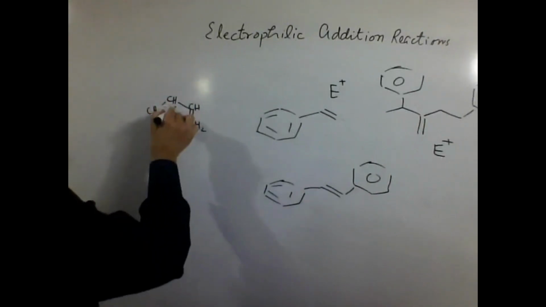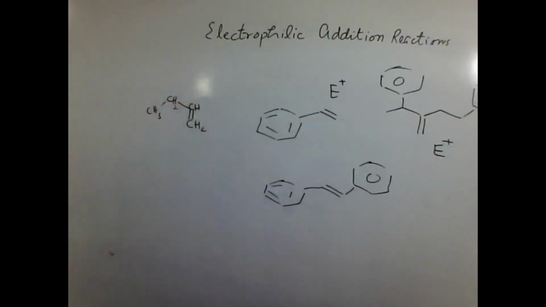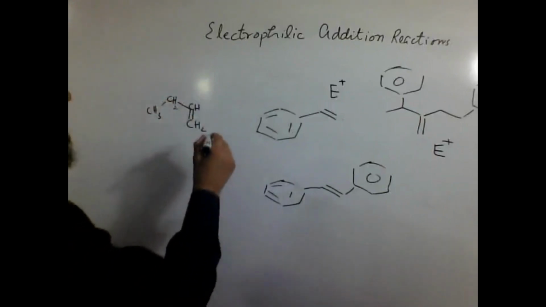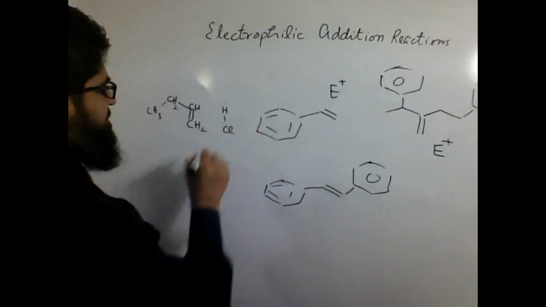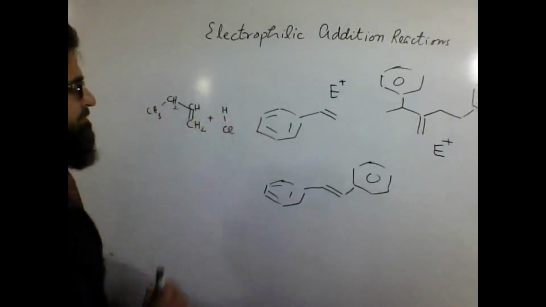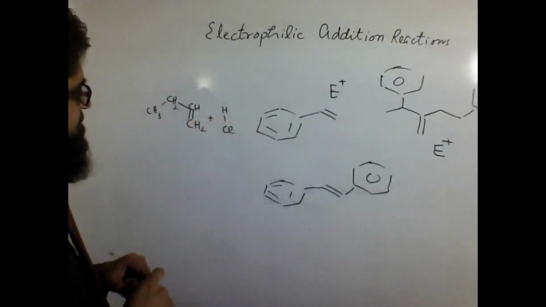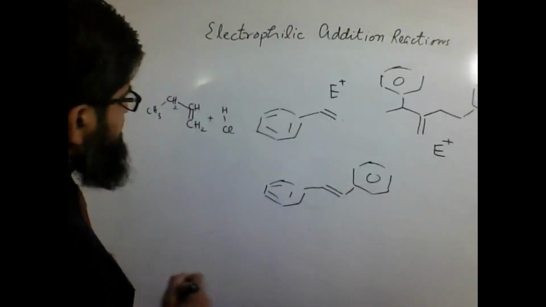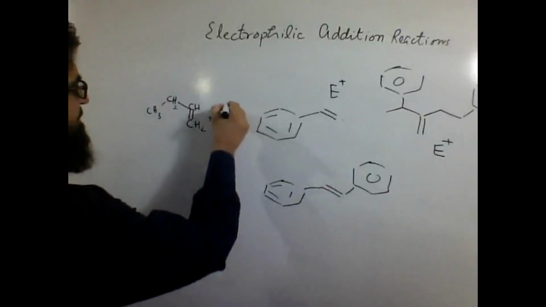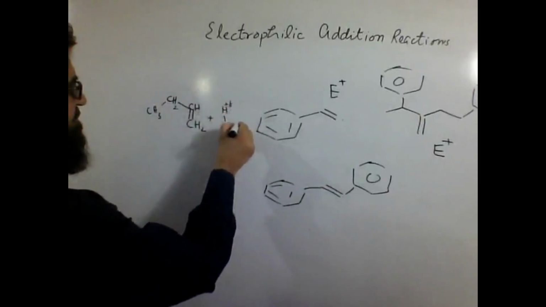Can balance out something like that. So here is an alkene. Okay, let's say we have HCl that is going to react with this.